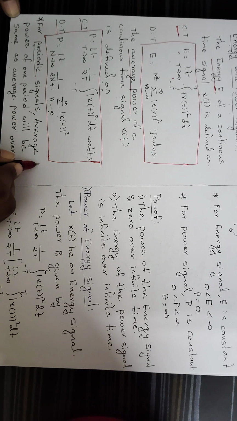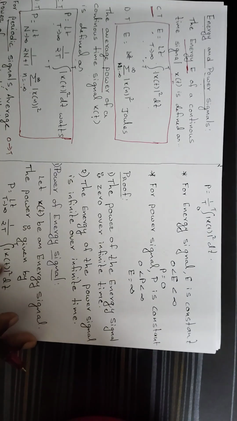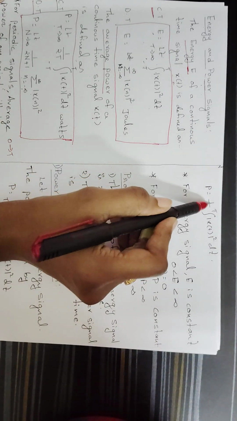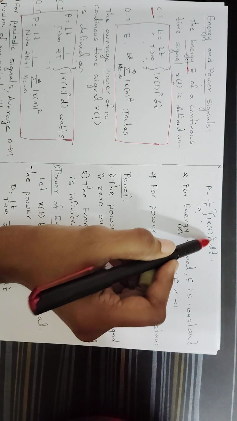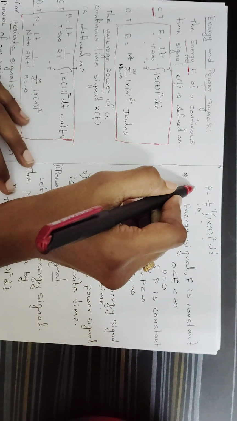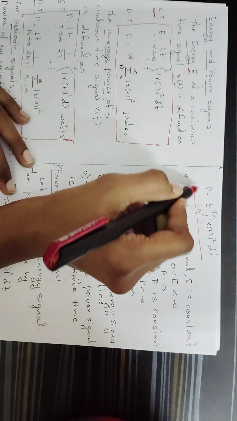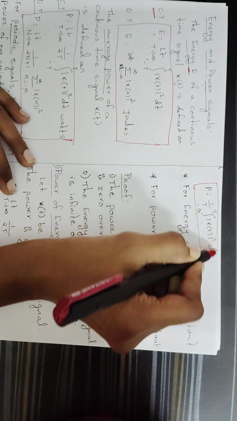One period is from 0 to T, so the power is 1 by T, integral from 0 to T of mod x of t whole squared into dt. This is the average power.